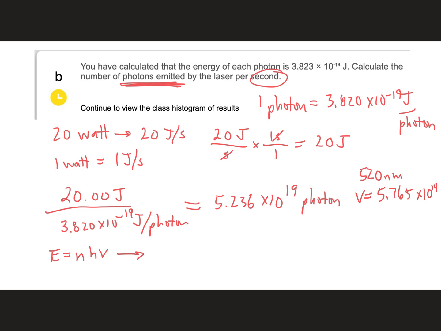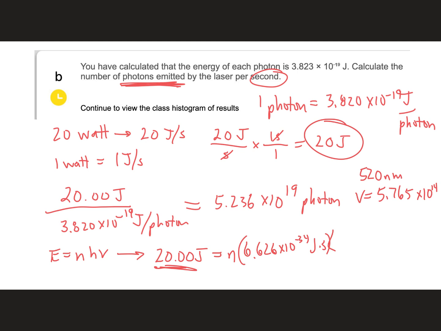We know Planck's constant and the total energy we're looking for, 20 joules. N in this case would tell us how many photons we would need to obtain 20 joules of energy, given Planck's constant, 6.626 times 10 to the minus 34 joules times seconds, and our frequency, where frequency is in inverse seconds.